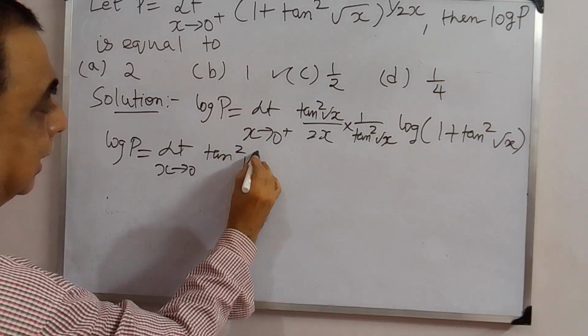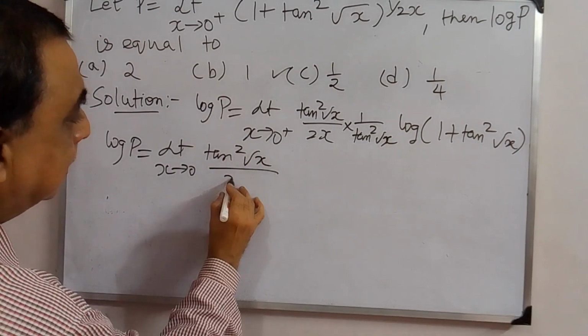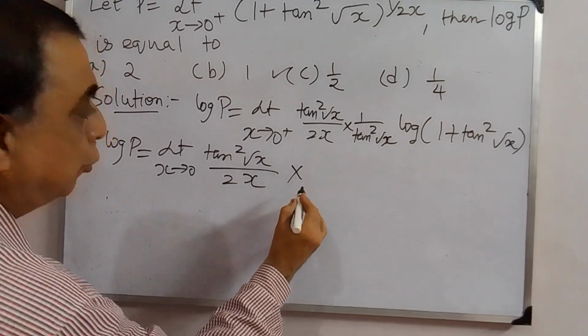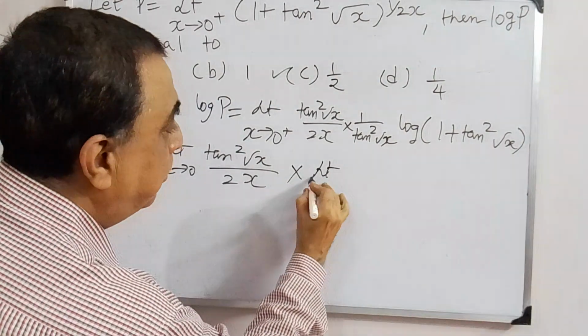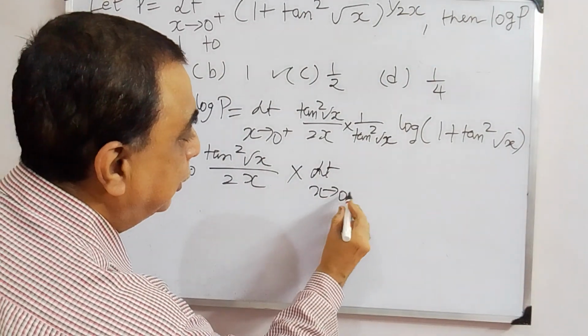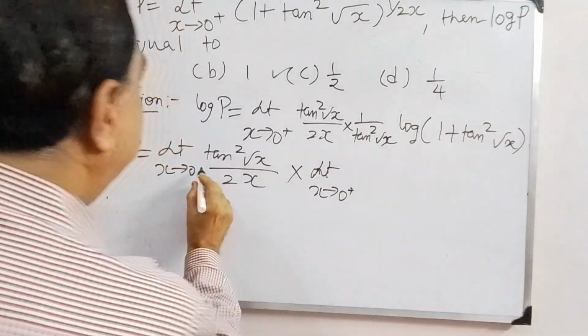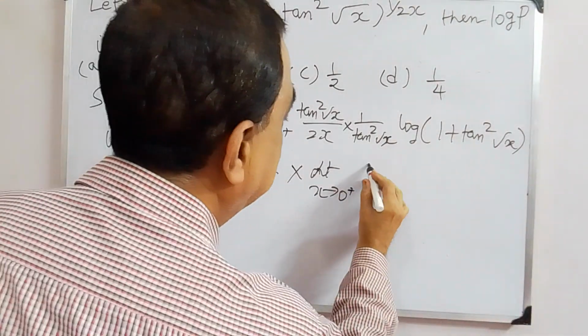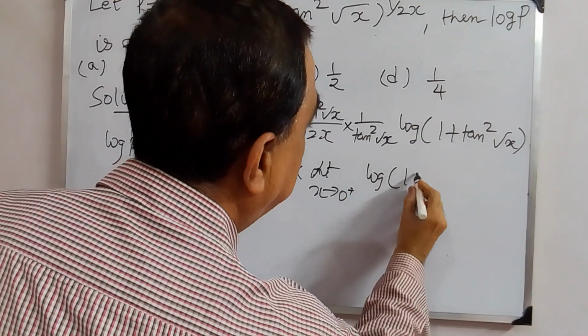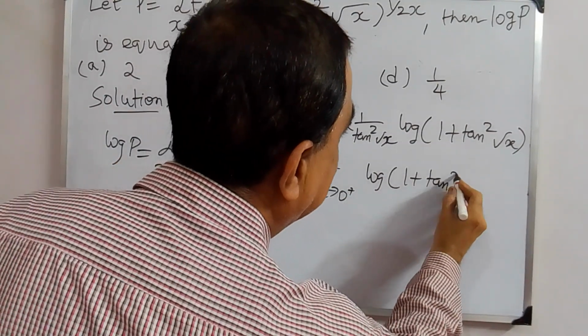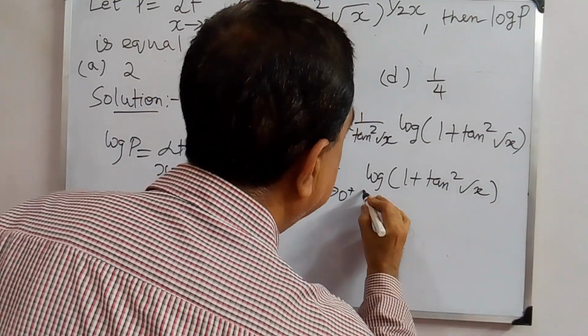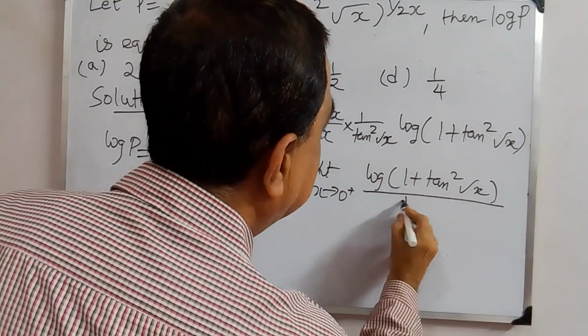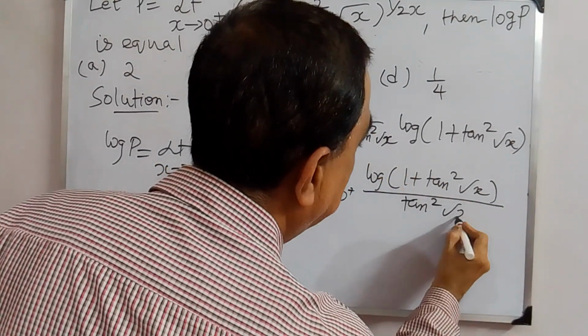This becomes 10 squared root x divided by 2x into limit of x tends to 0 plus of log of 1 plus 10 squared root x divided by 10 squared root x.